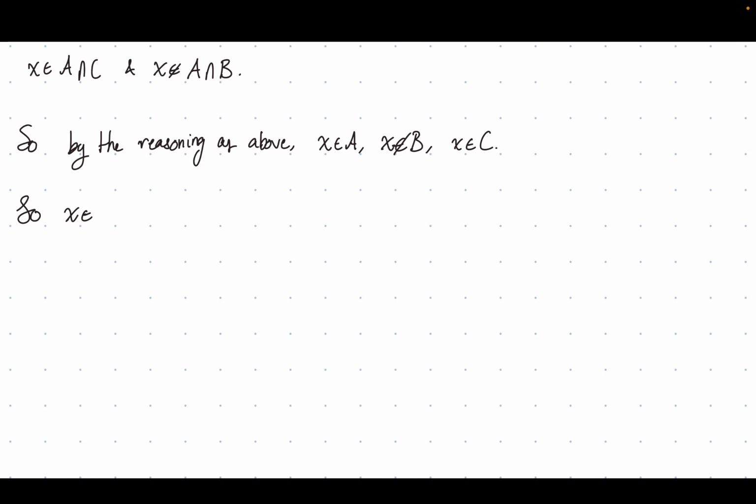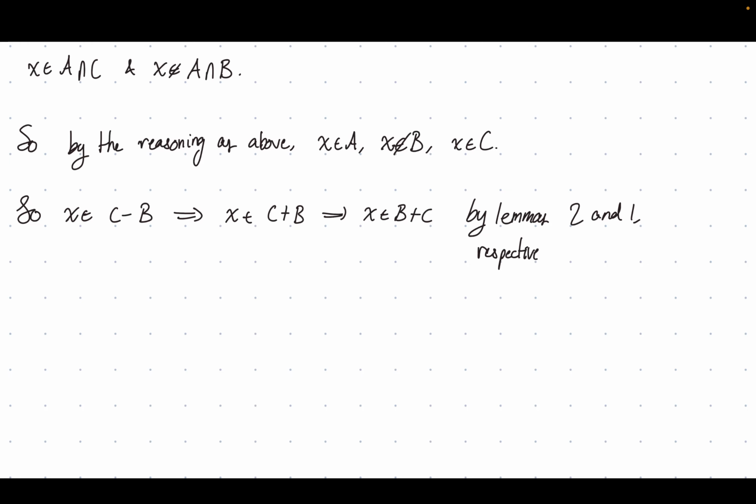Okay, so X is going to be in C minus B, which implies that X is in C plus B, which implies that X is in B plus C by lemmas 2 and 1 respectively.